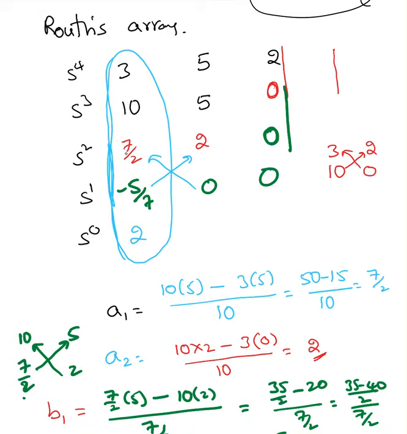Plus 10 to plus 7 over 2, there is no sign change. 7 over 2 to minus 5 by 7, so there is a sign change, from positive to negative. And again minus 5 by 7 to 2, again the sign is changed. So the sign changed twice. So this system has 2 unstable poles.